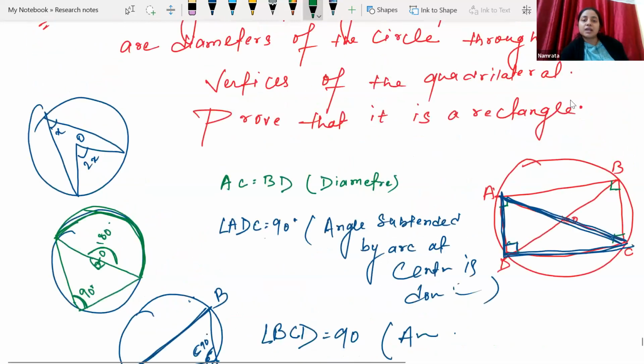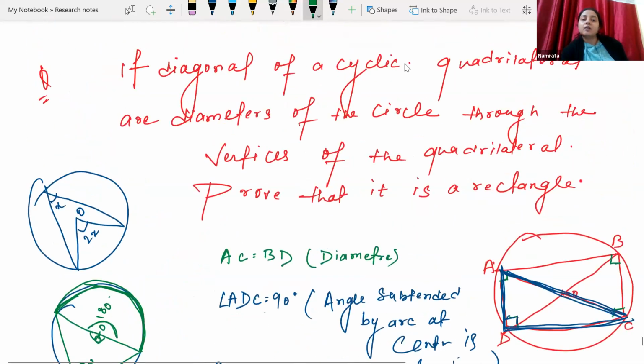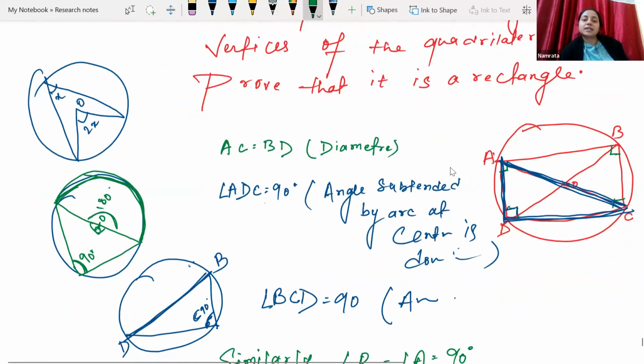It's a rectangle we have to show. What condition is there? This quadrilateral is a cyclic quadrilateral. Think about it. What can be done over here? Anyone?